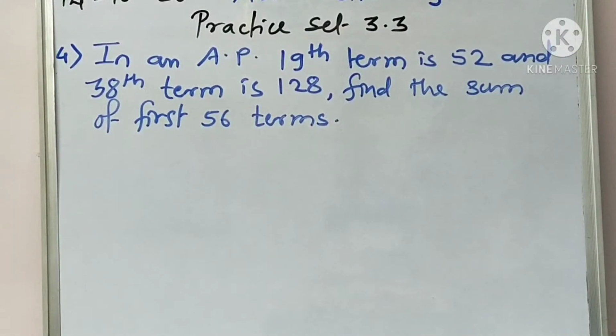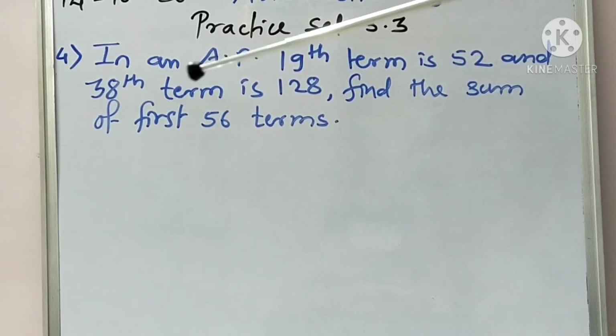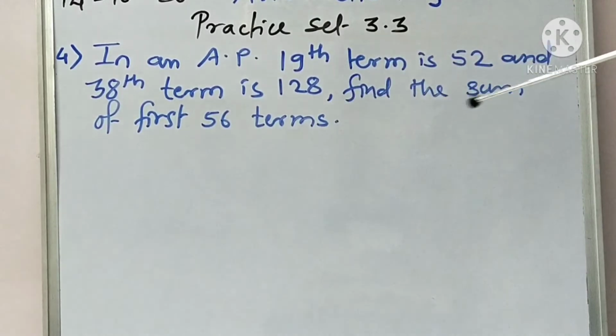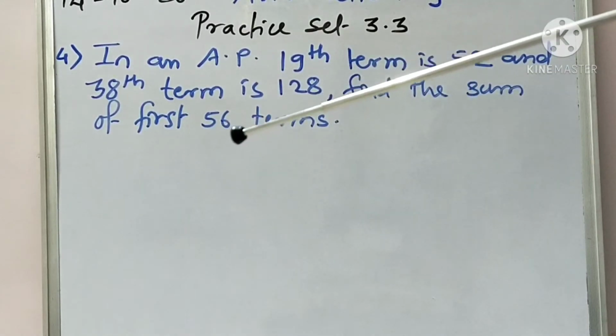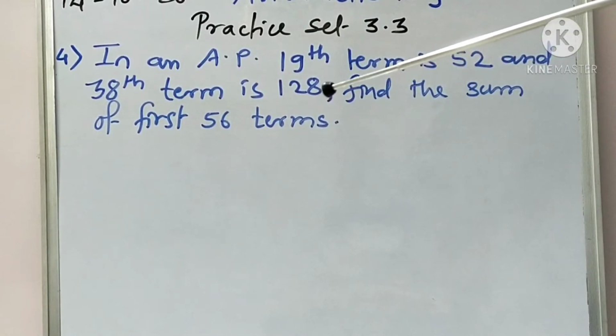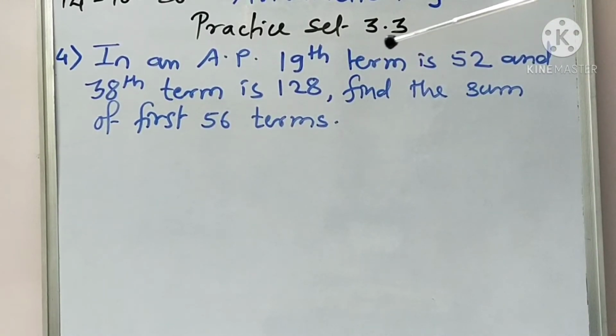Okay, now in the fourth example, in an AP, it is given that the 19th term is 52 and the 38th term is 128. Then find the sum of the first 56 terms. To solve this example, first we write down the information given in symbolic form.